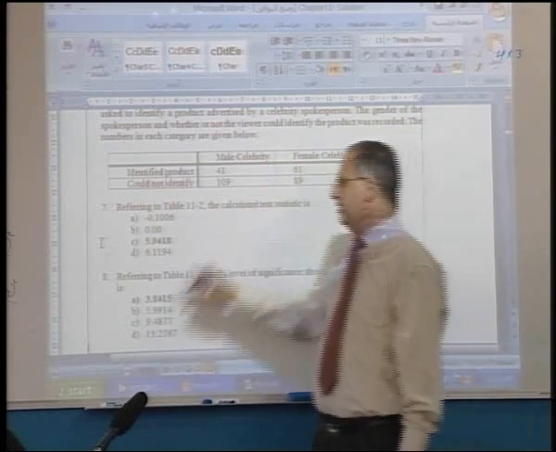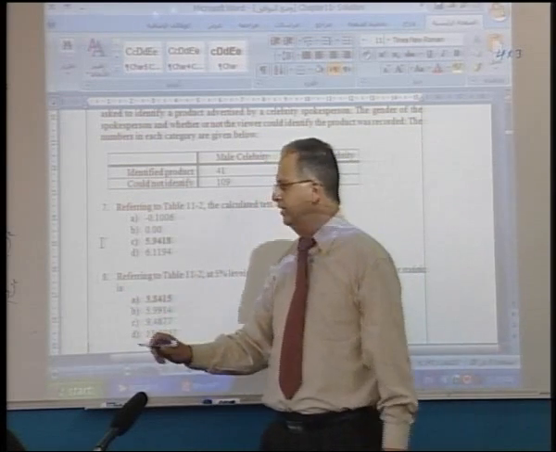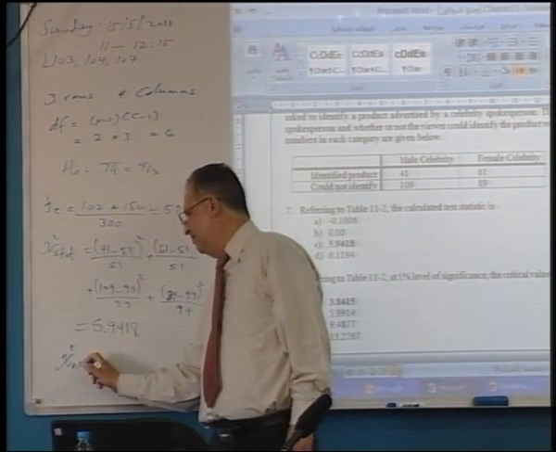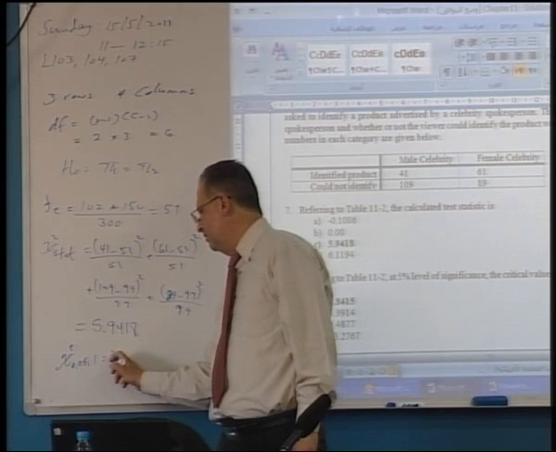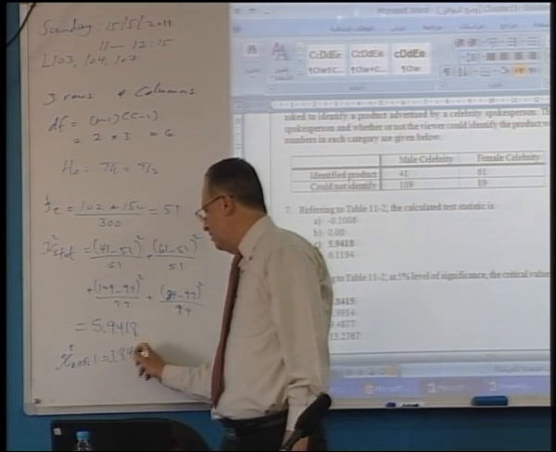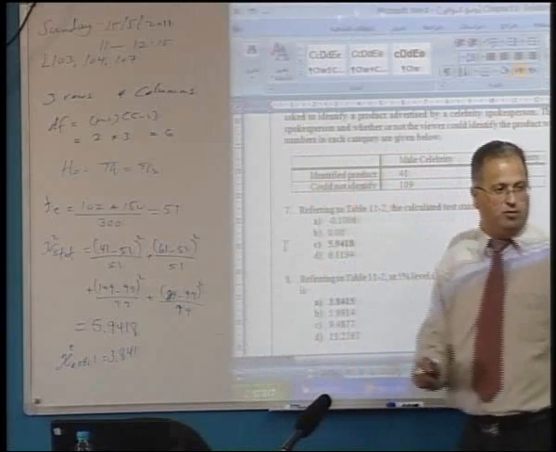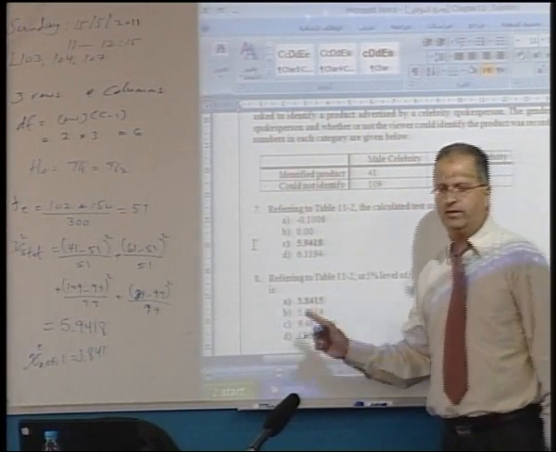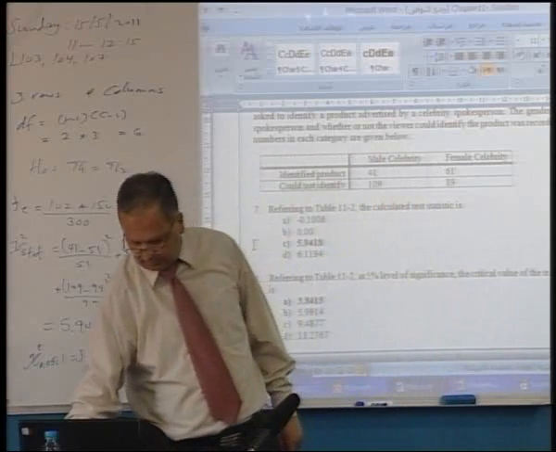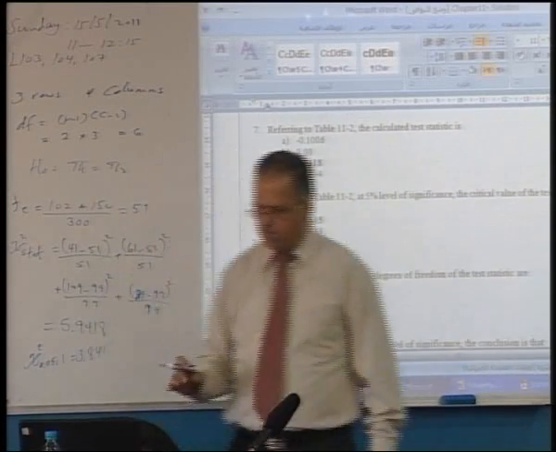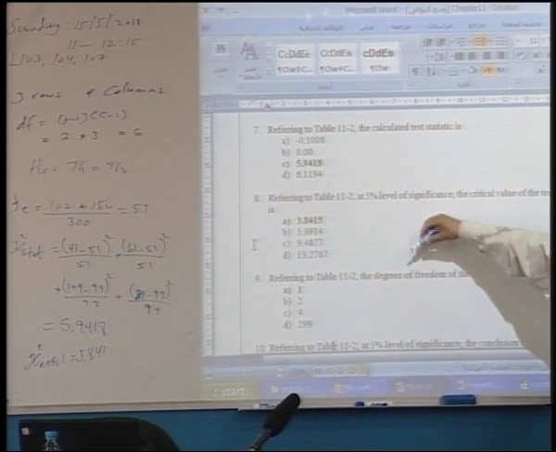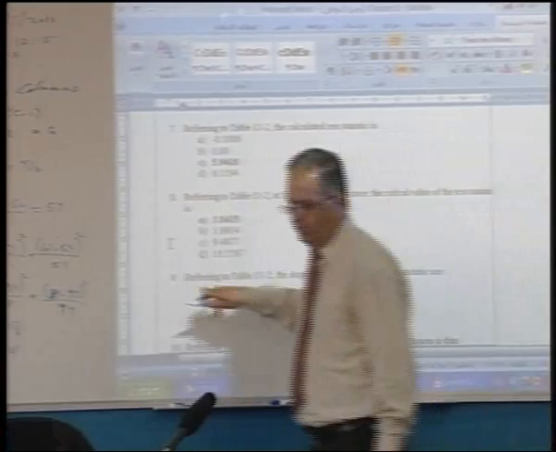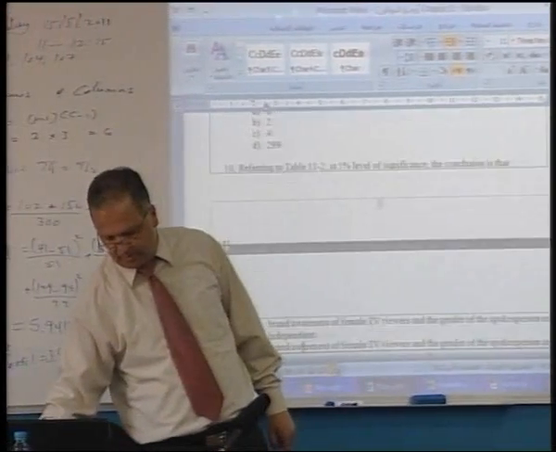So your critical value is chi-square with alpha 5% and 1 degree of freedom, which is 3.8415. Again, the degrees of freedom of the statistic are 1, since a 2 by 2 table has 1.